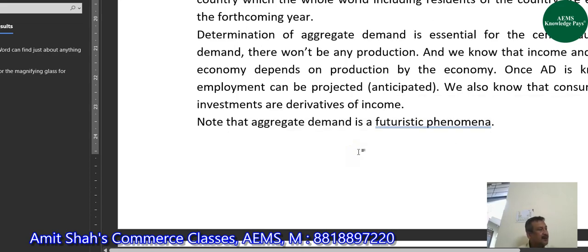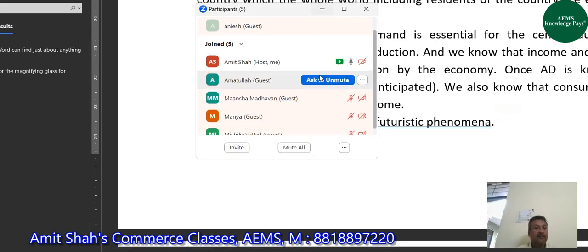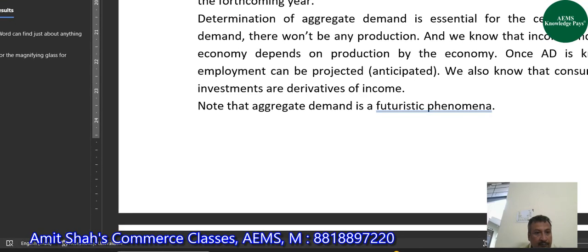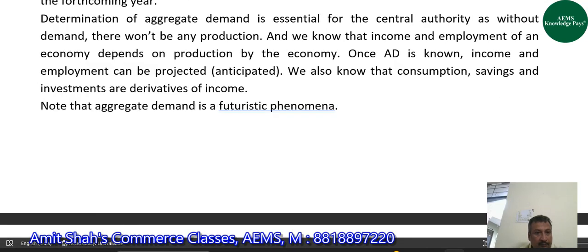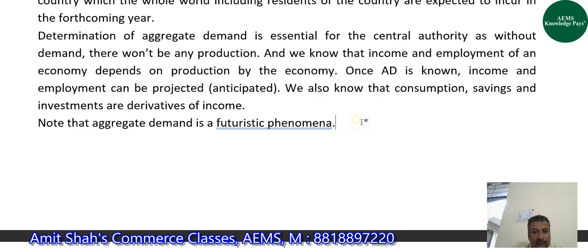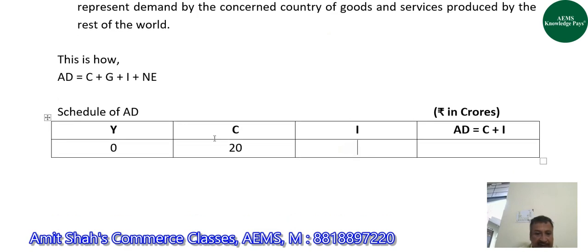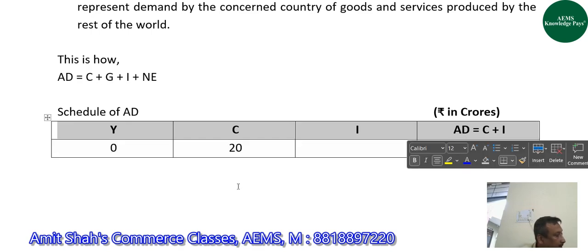Aggregate demand and aggregate supply we never discuss, we never analyze for the past. We always discuss them for the future, right? So guys, here everything that we have is futuristic, right?